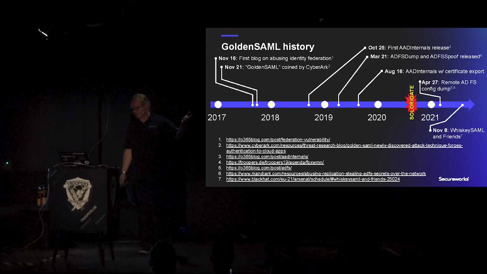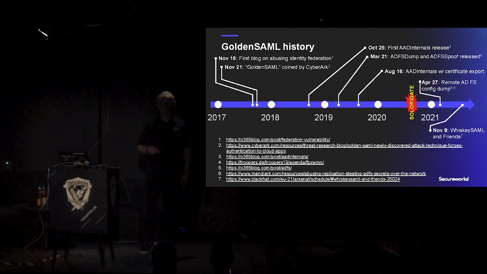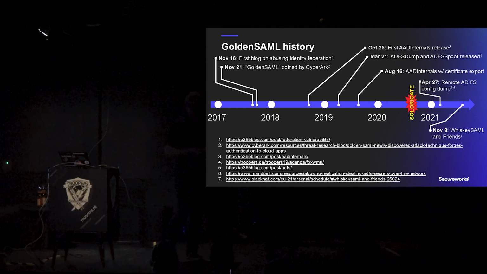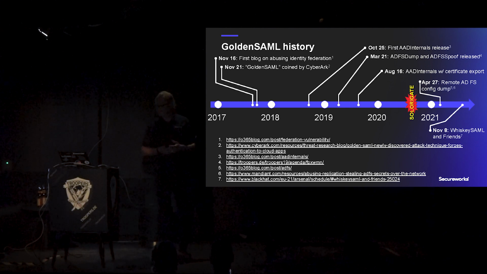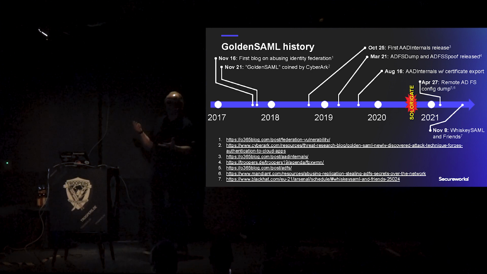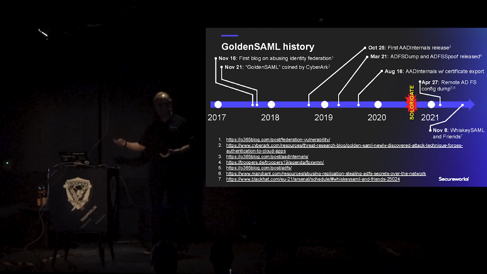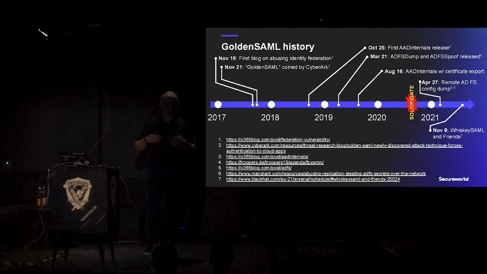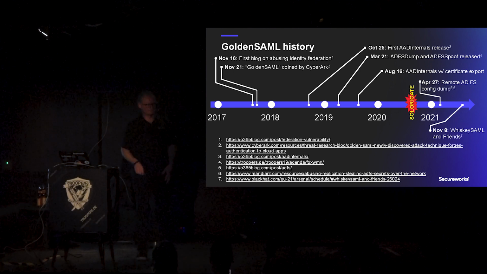And by the way, at that time, nobody knew me, so nobody read my blog. And I even published the first version of AAD Internals only in 2018. And that also included all the things you need to build those forged ADFS tokens. I just didn't know how to use the certificates of existing ADFS servers. So I tried to study that a lot, but couldn't manage.